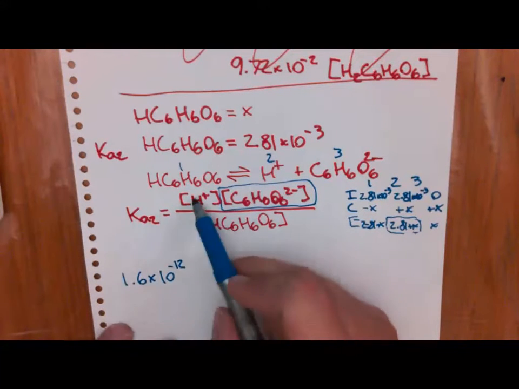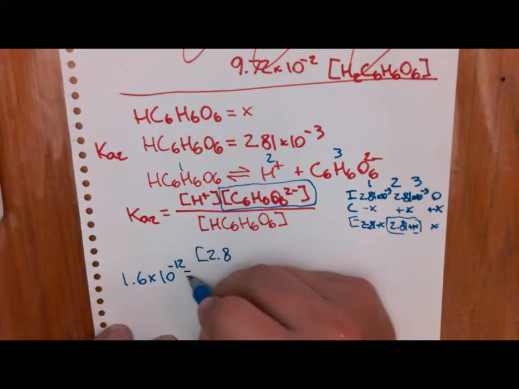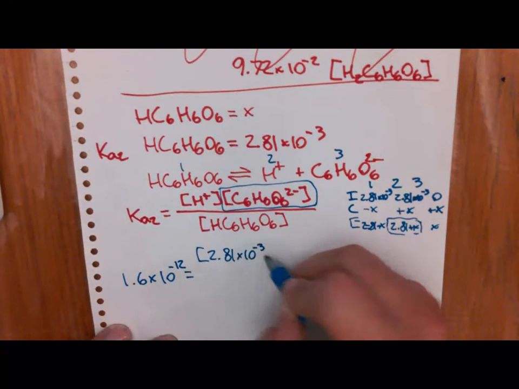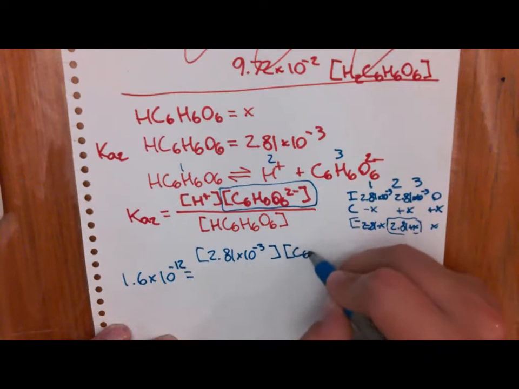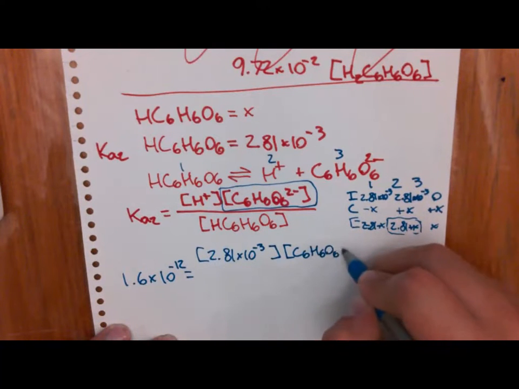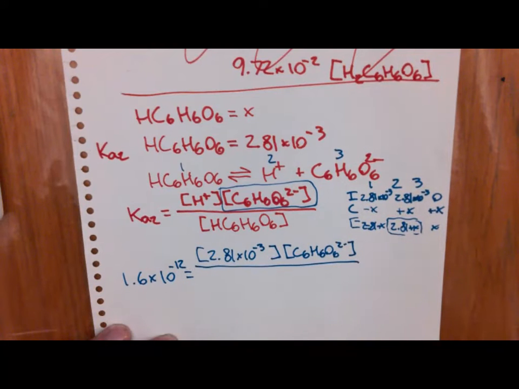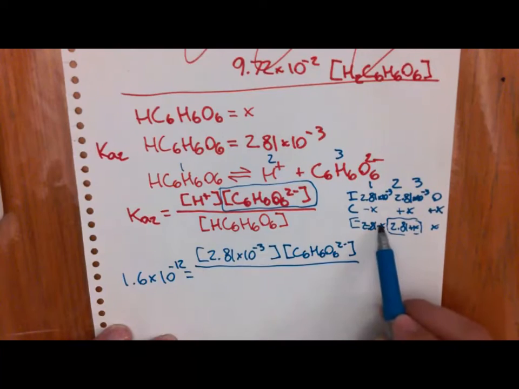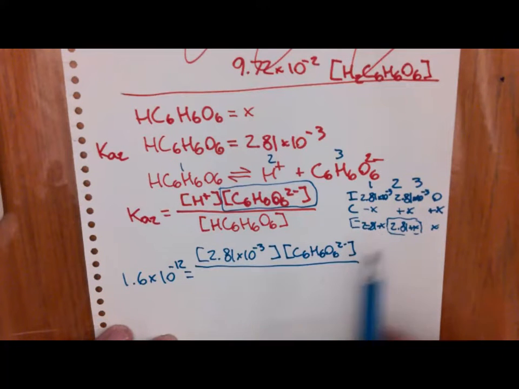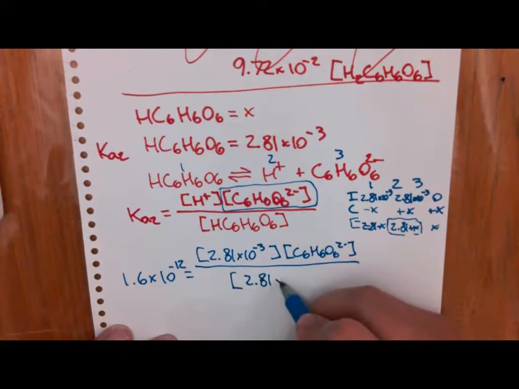We're going to assume that our H+ is just going to stay at 2.81 times 10 to the negative 3, multiplied by some concentration of C6H6O6 2-, all divided by our concentration of HC6H6O6, which we can also determine is probably not going to change because it is such a small Ka2. So we're just going to write that as 2.81 times 10 to the negative 3.